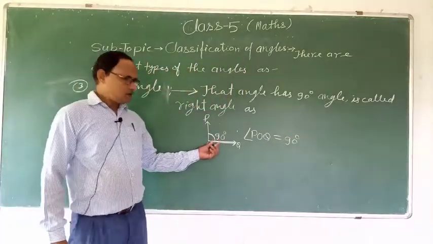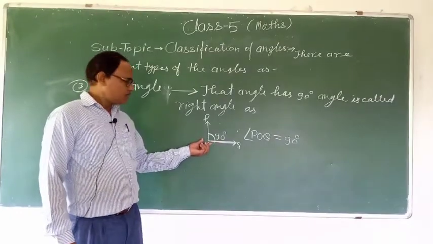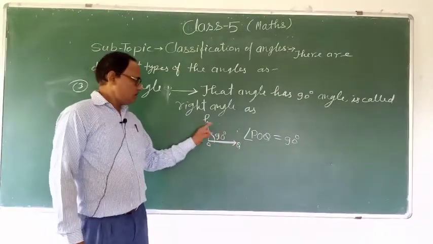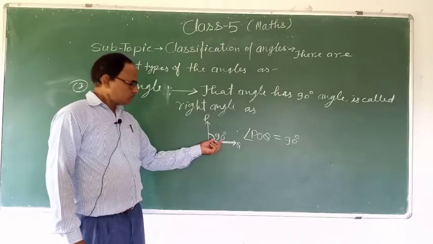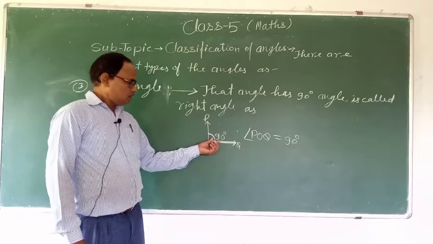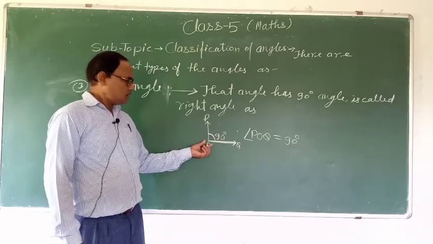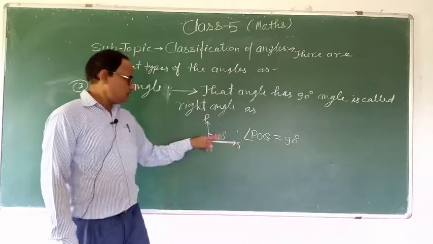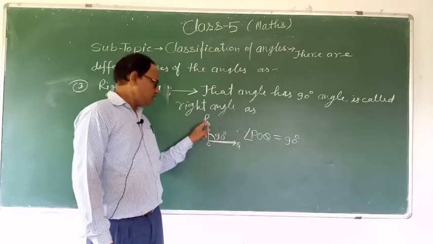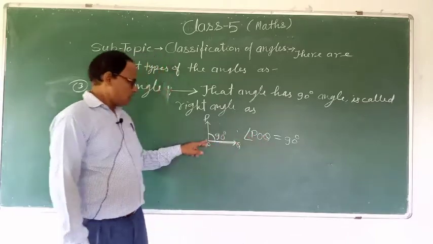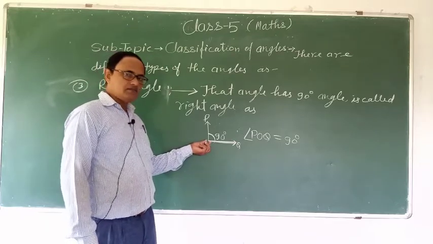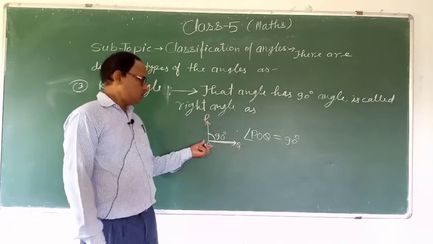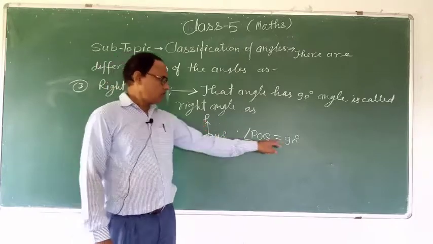Look here, the point at which the angle is made is always written between the points P and Q. We write POQ, not PQO. The point where the angle is made is always right between the two points P and Q. Here POQ is equal to 90 degree.